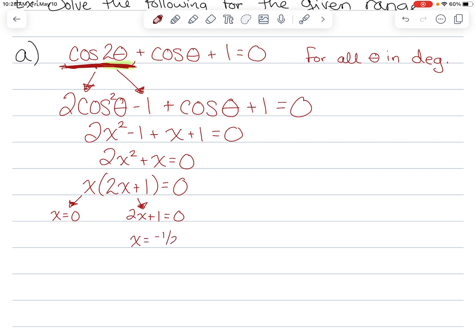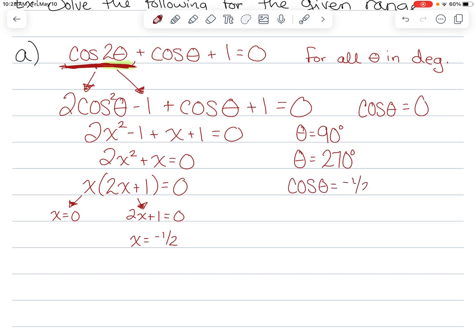So x is 0, x is a negative 1/2. Now remember, it was never actually x, it was cosine. Cosine is equal to 0 at theta equal to 90 degrees and theta equal to 270 degrees. I just look at my unit circle, cosine's the x values.